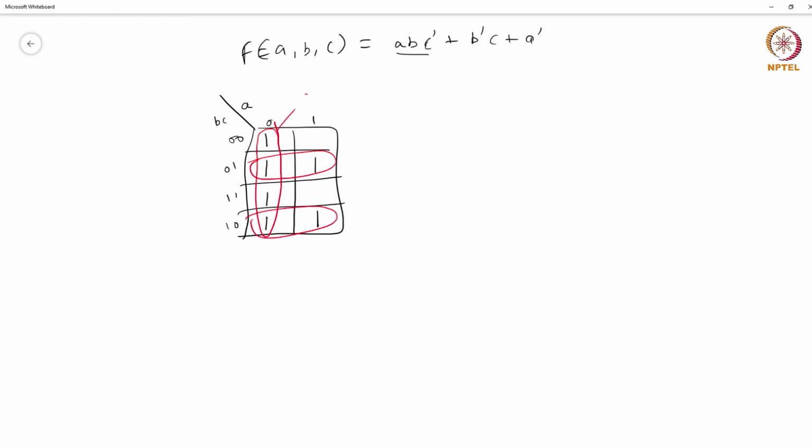So this is a dash, this will become b dash c, and this will become b c dash. So the whole expression f can also be written as a dash plus b dash c plus b c dash. Similarly we can take more examples. Maybe I'll share a couple of tutorial questions with you, and then you can solve those questions and we can discuss them in tutorial. Thank you very much.